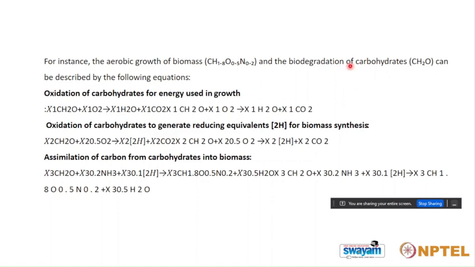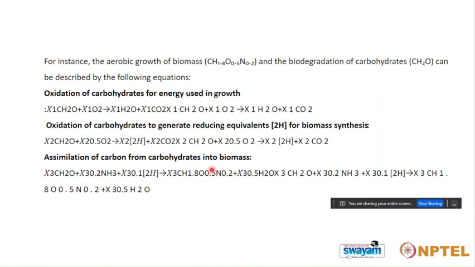Usually the carbohydrate can be directly converted into energy, or it can be converted into reducing equivalents, or it can be converted into biomass components. Basically, a carbohydrate can be converted in three ways.